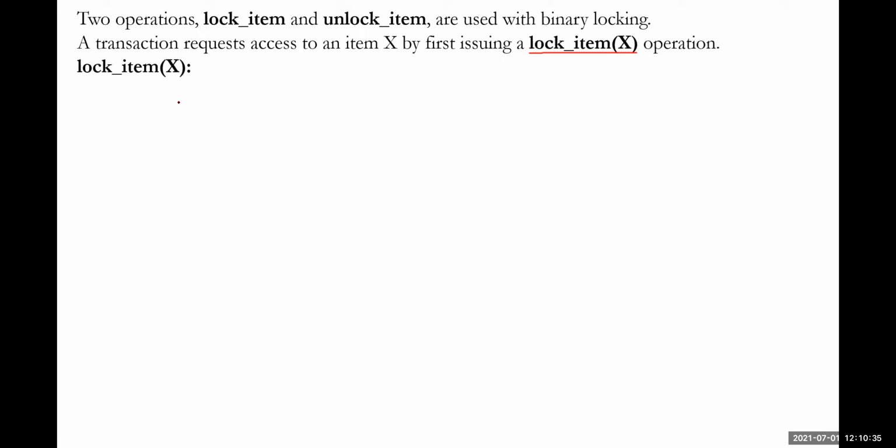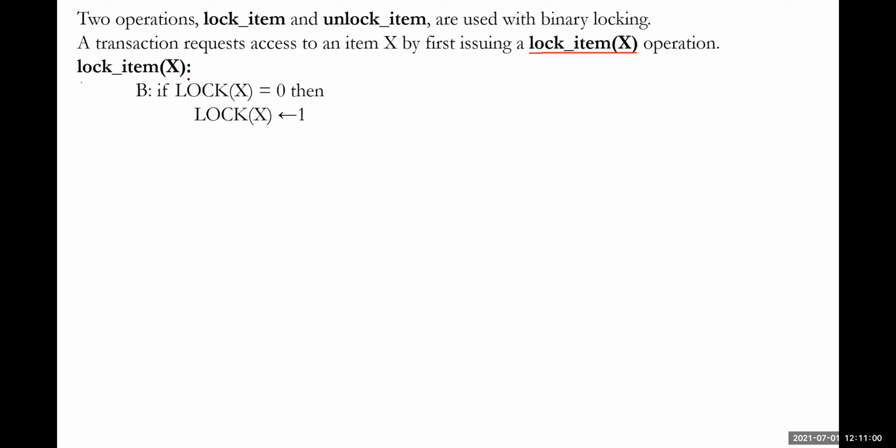Now, how is lock item X done? Let us write a very small algorithm. If lock of X is equal to 0, then acquire that particular lock. So nobody has acquired a lock on X, and the user who requested the lock gets it immediately.